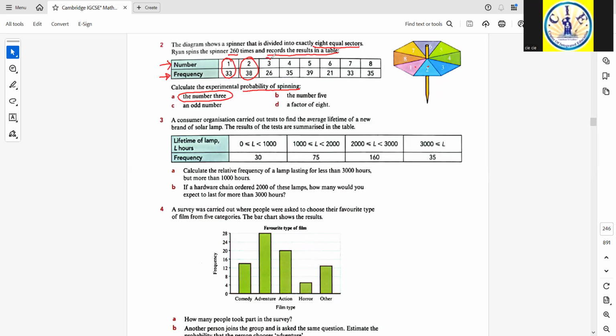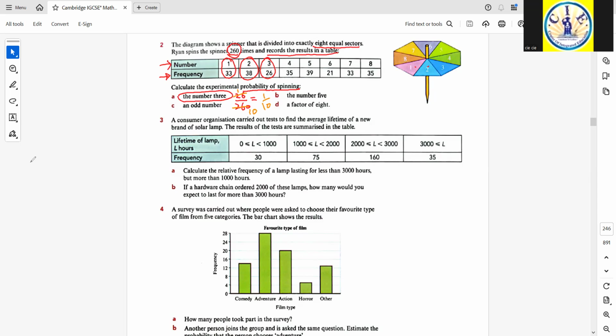3 occurred 26 times. So you can write it down as 26 divided by the total number of spins, which was 260. So this can be cancelled out to give us 26 over 26 ones, and this is 10. So 1 by 10 is its answer.